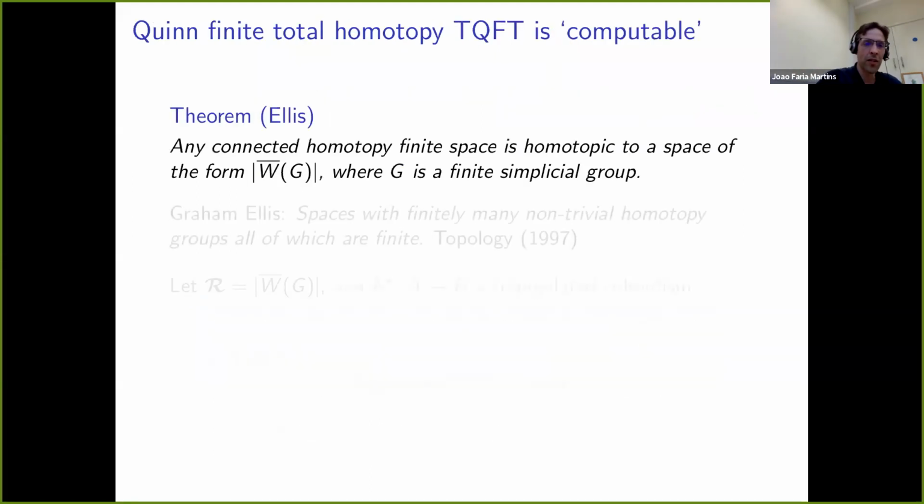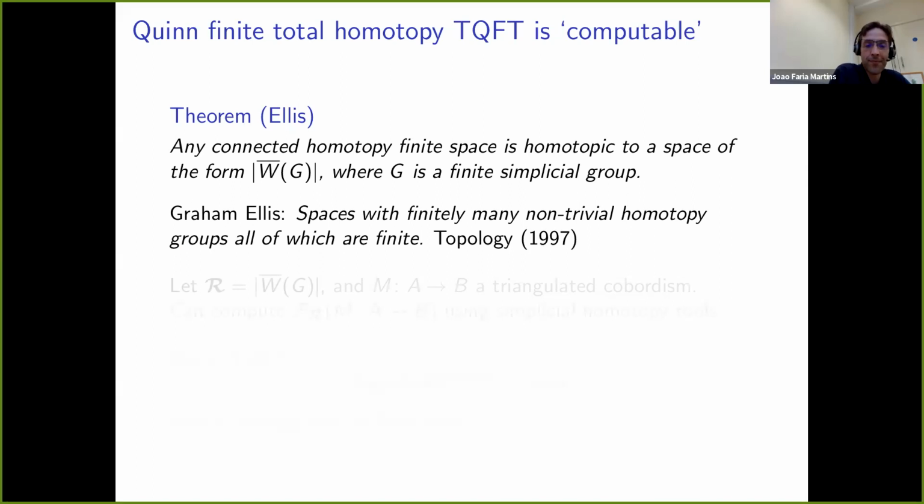There's this beautiful theorem of Ellis, which says that any connected homotopy finite space is homotopic to a space of the form W bar of G. So you have a finite simplicial group, you compute W bar, the classifying space, and you parameterize all homotopy types of spaces which are homotopy finite. This is a paper by Graham Ellis: spaces with finitely many non-zero homotopy groups, all of which are finite.